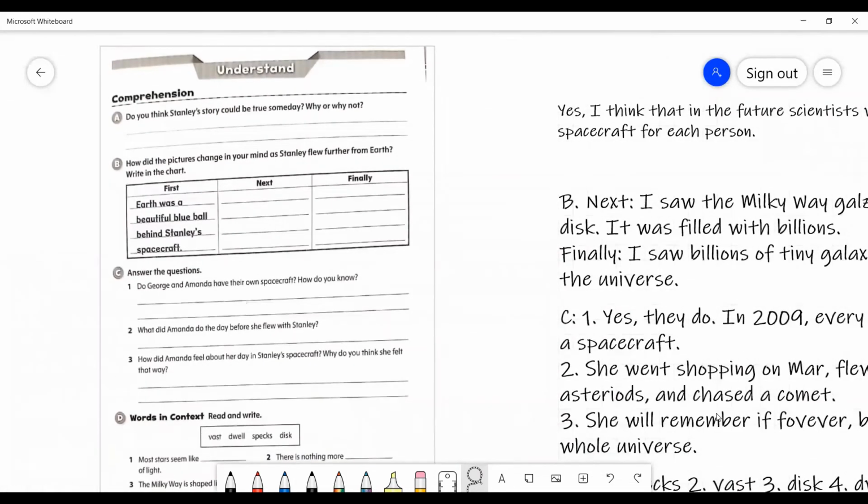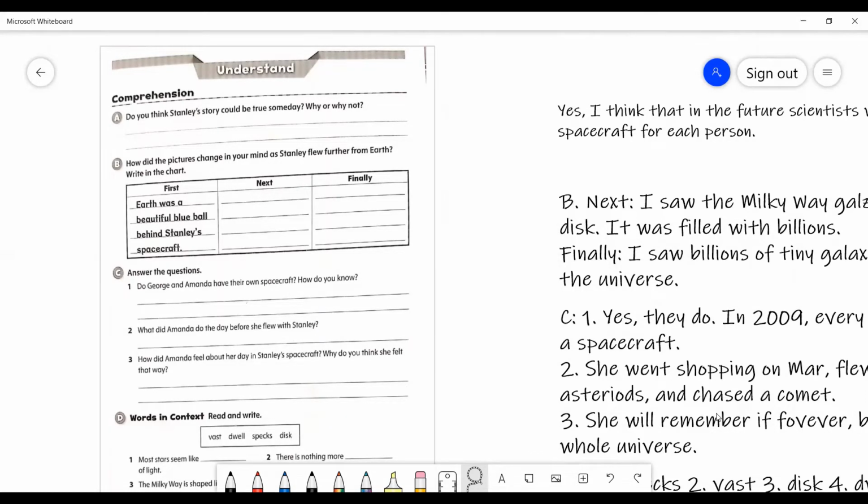Now, question number B, how did the pictures change in your mind as Stanley flew further from Earth? Write in the chart. This chart is given as first, next, and finally. In the first part, it is already written that Earth was a beautiful blue ball behind Stanley's spacecraft.